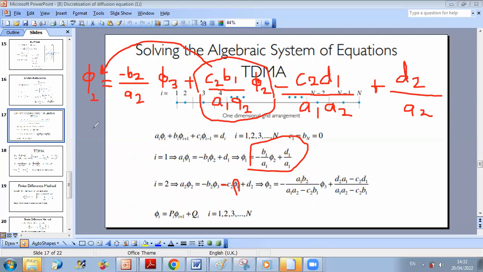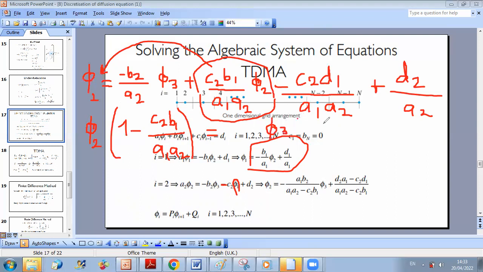I have phi 2 times 1 minus C2B1 over A1 A2 equals phi 3.